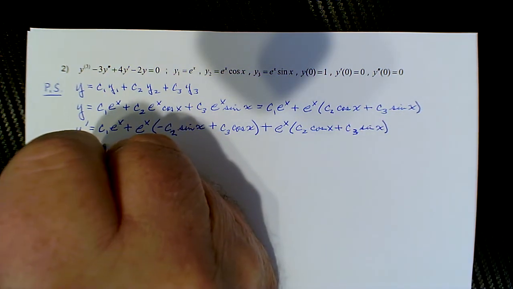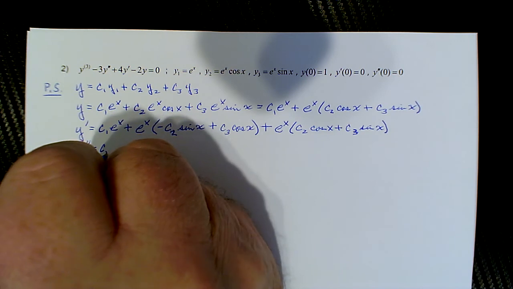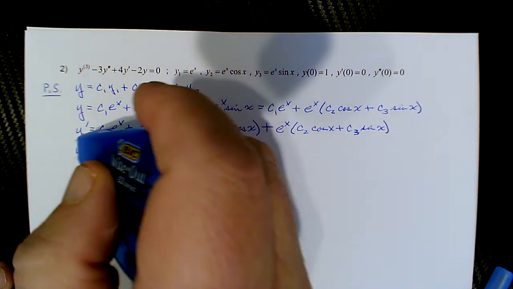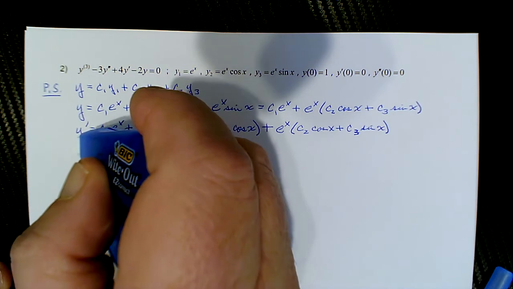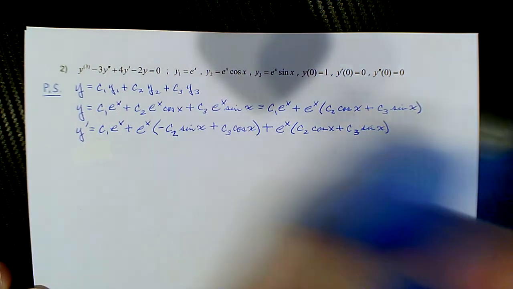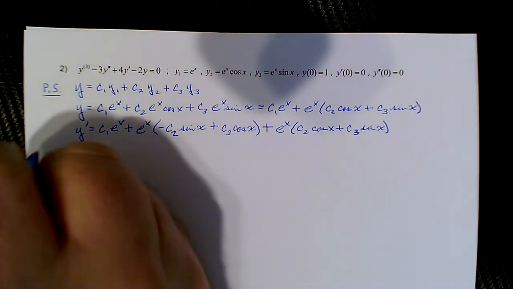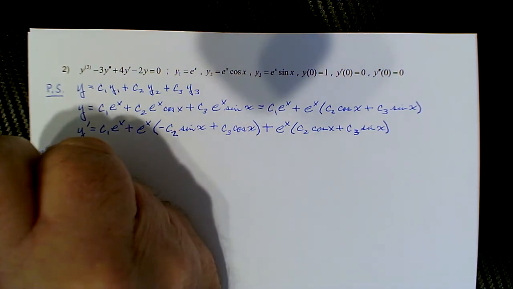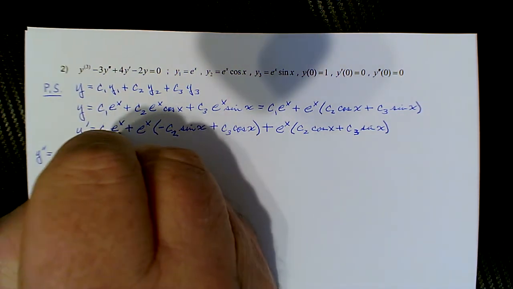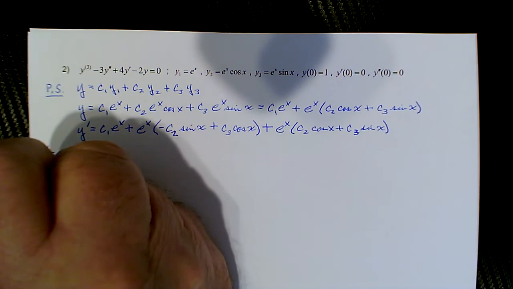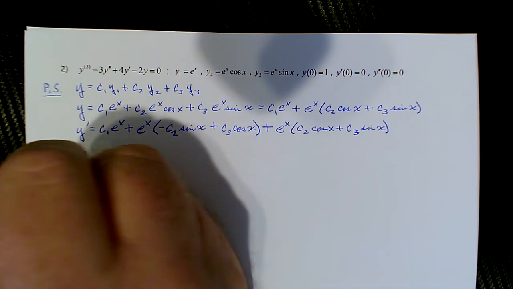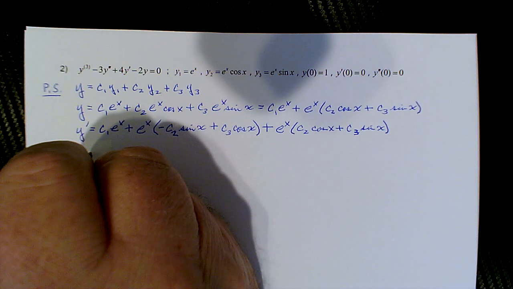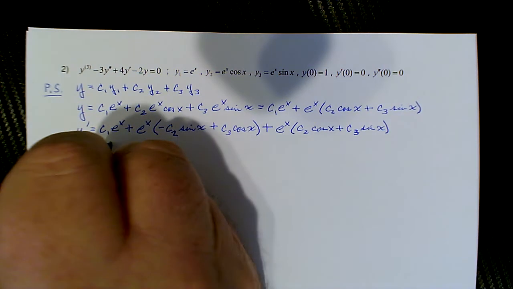Let me move it over a little bit, because this is going to become a little bit lengthy. I'm going to move it over here and try to fit everything in. First off, the derivative of c1 e to the x is again c1 e to the x. Plus then we'll need the product rule on this term. First factor, e to the x, derivative of the second.